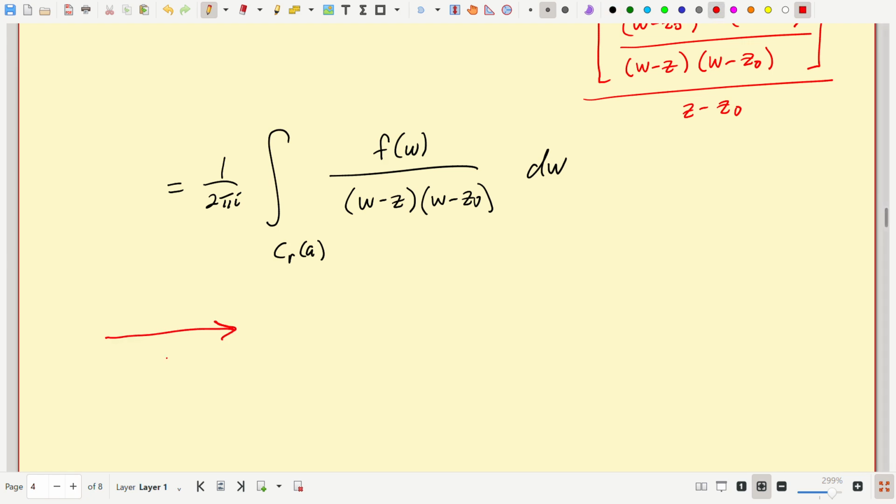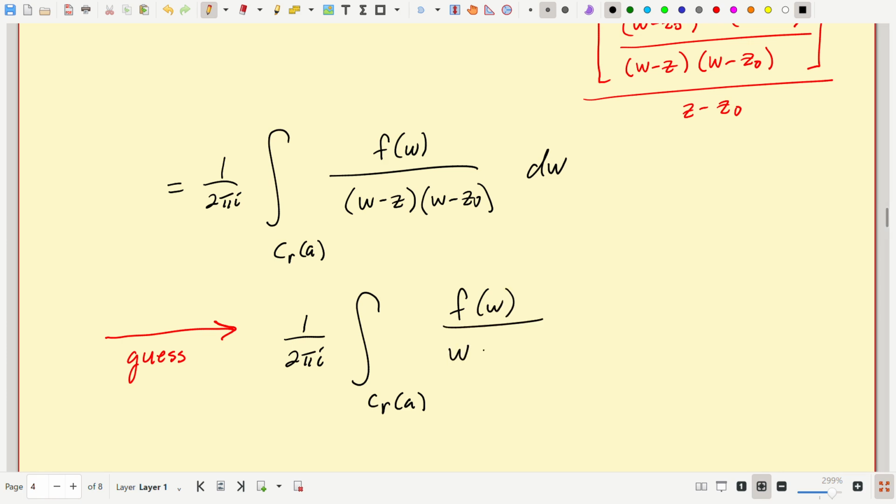So we're going to guess that as z tends to z naught, that's going to be w minus z naught squared in the denominator. So we guess that's going to go to 1 over 2 pi i times the integral around c sub r of a of f of w over w minus z naught squared dw. And you stare at that for a second and realize, you know what I'm really doing here?